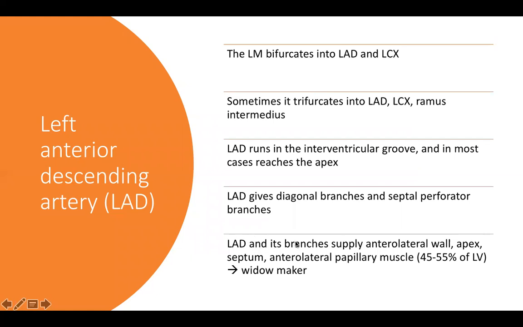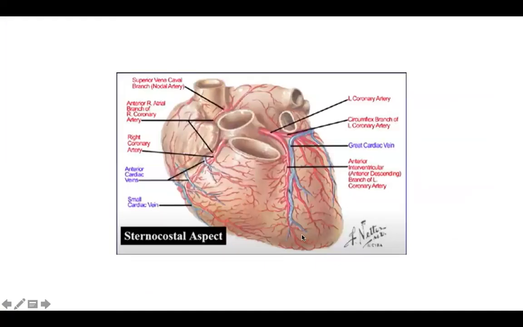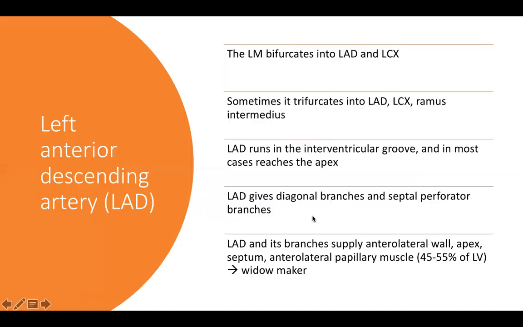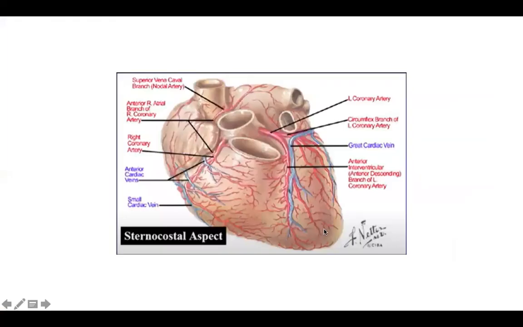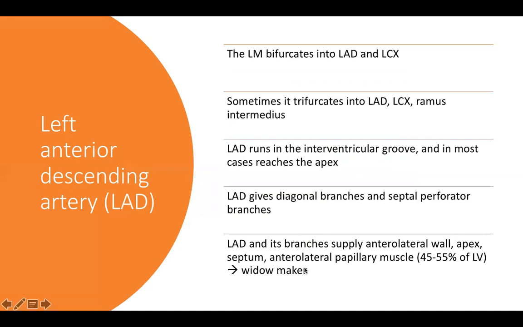The LAD and its branches supply the anterolateral wall of the left ventricle, the apex of the left ventricle, the interventricular septum, and the anterolateral papillary muscle.